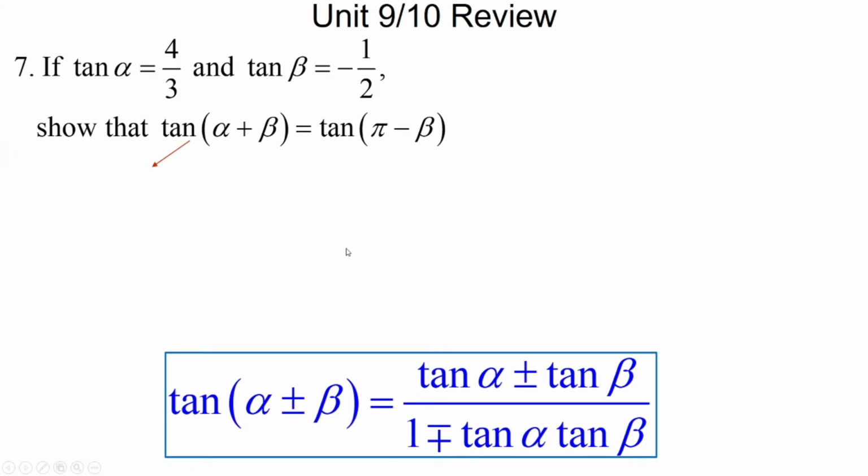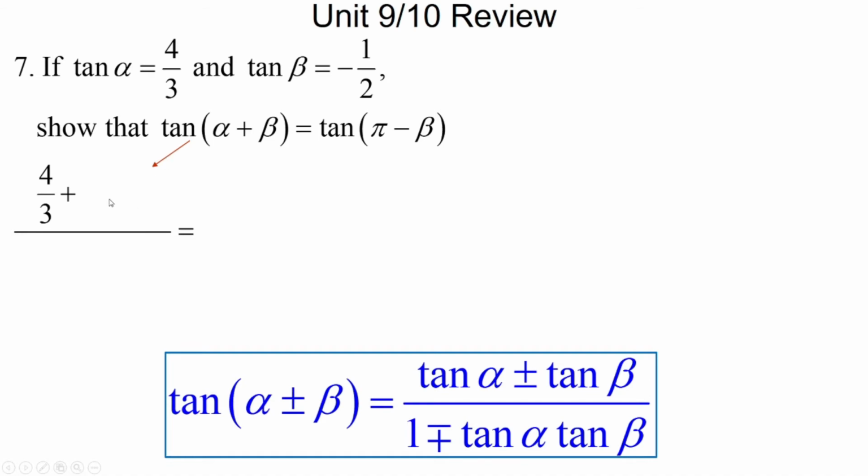So looks like we're going to work this left-hand side. So tangent of alpha plus beta. Now, I don't know if I substituted immediately. I'm thinking of this first term right here as tangent of alpha, or you could go right to the 4/3. I went right to the 4/3. And you see the plus here. I'm going to need a plus right there. Okay.